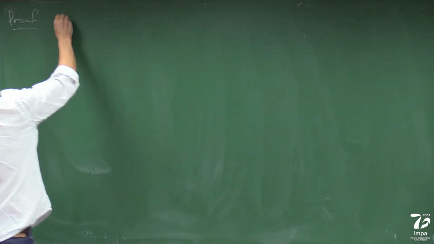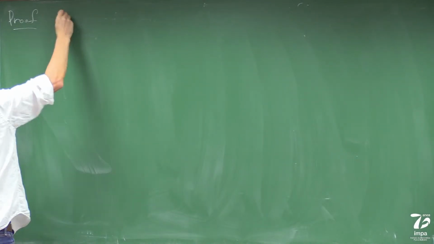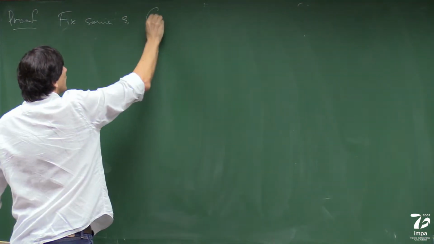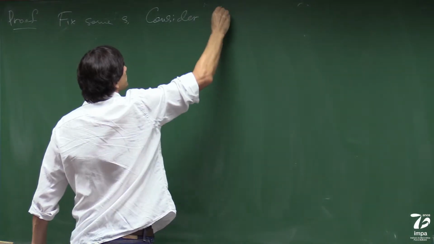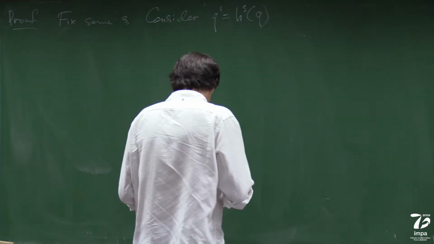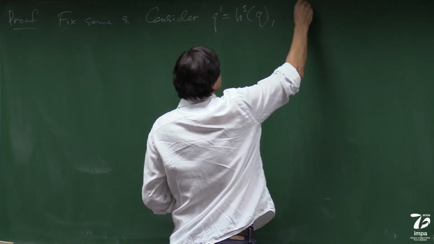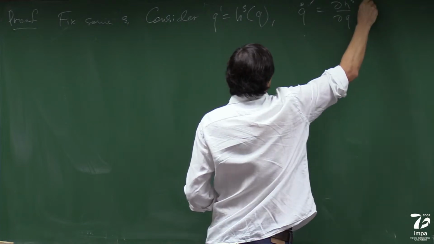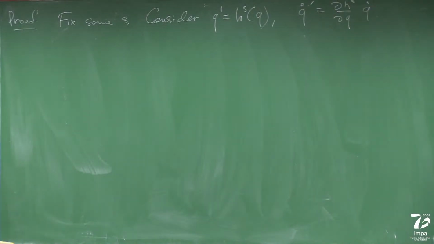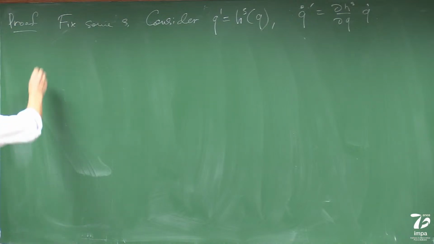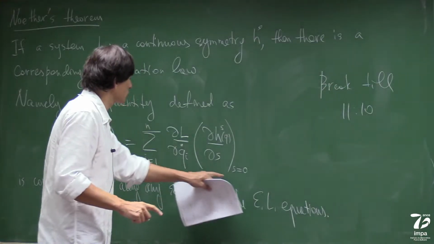So fix some S, and consider new coordinates Q prime for that S, and then we also have new velocities. Let's now take this expression, but not for S equals 0, but for that S.